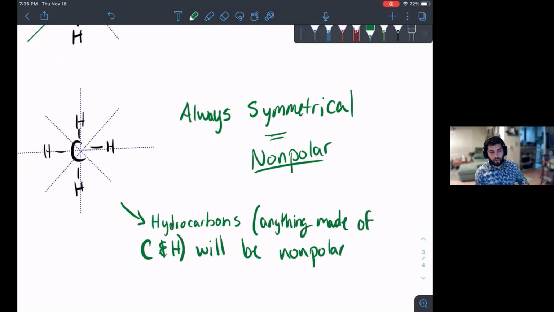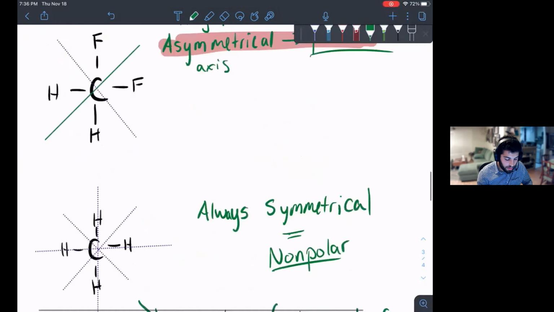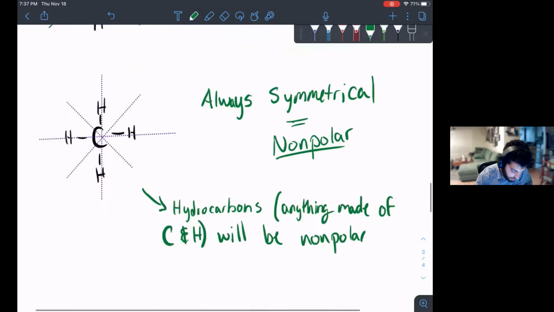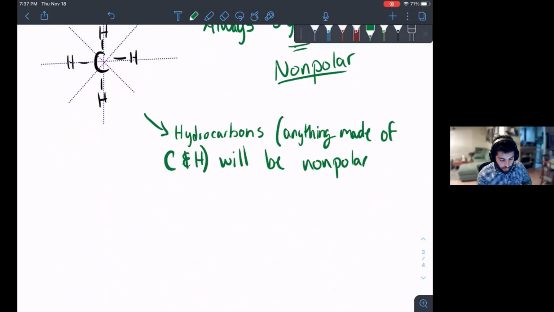Just a general good rule of thumb. So we have CH here, which makes methane, and that's non-polar. However, on this side, C, H, and F, because of that addition of the fluorine, we're going to be polar. And yeah, so that's about it.